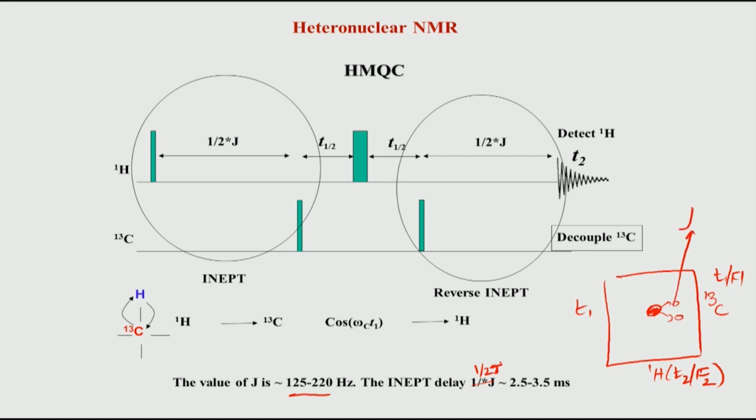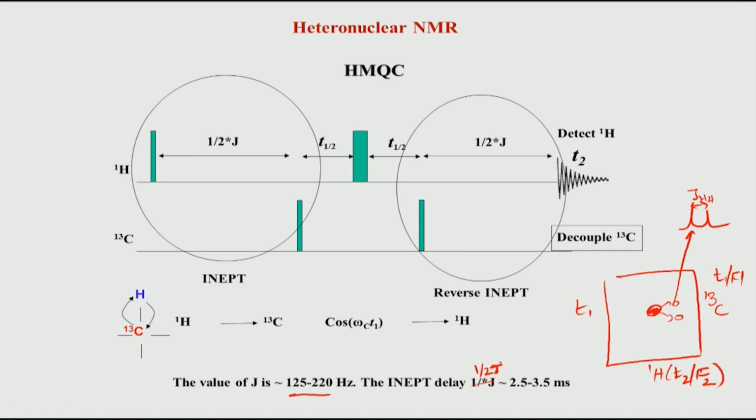This is basically the J coupling between two protons. I will write it as JHH. Okay. We did not see that in the spectrum which I showed you, because that was more like a schematic drawing, but in reality if you give a very long value here, then you will find couplings between protons will start appearing along the vertical axis. So, this peak will not appear as a single peak, it will appear as two peaks. This is called F1 splitting, and that does not happen in the HSQC.